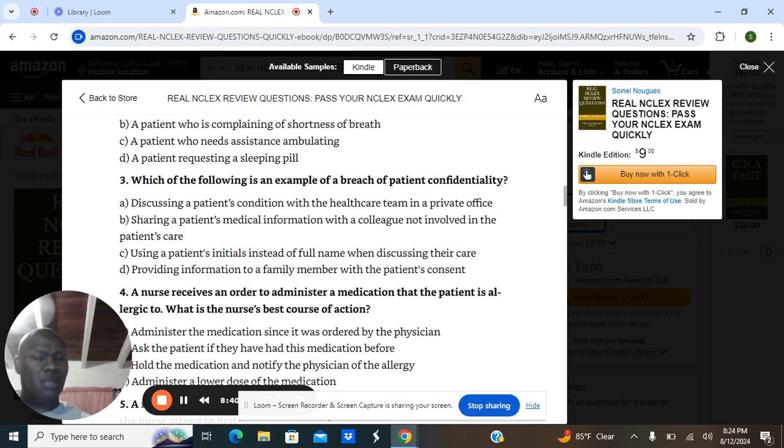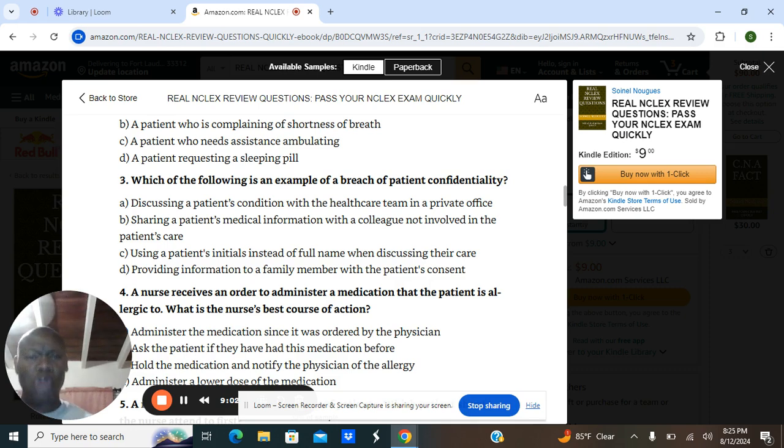So you can understand. C, using a patient's initial instead of full name when discussing their care. That's not important. D, providing information to a family member with the patient's consent. This is not important.